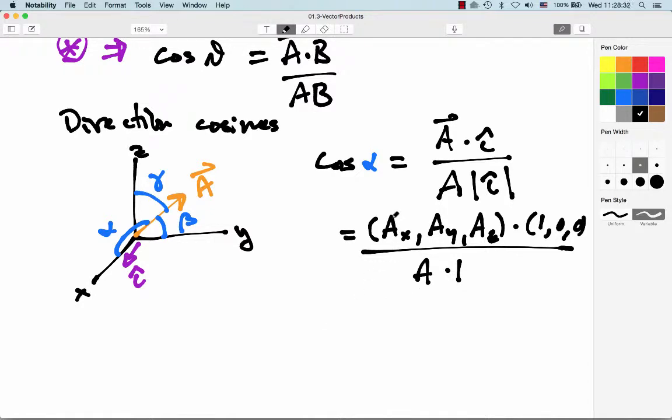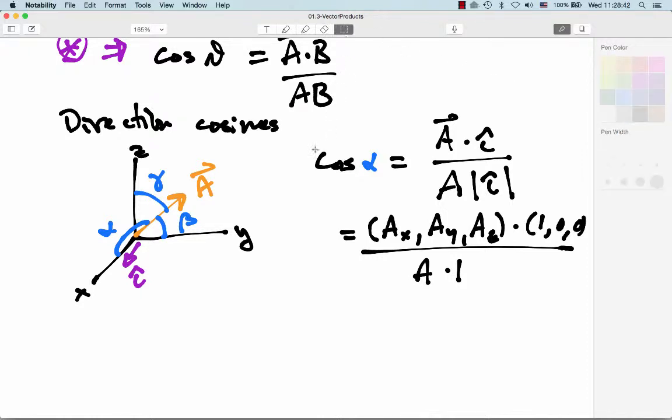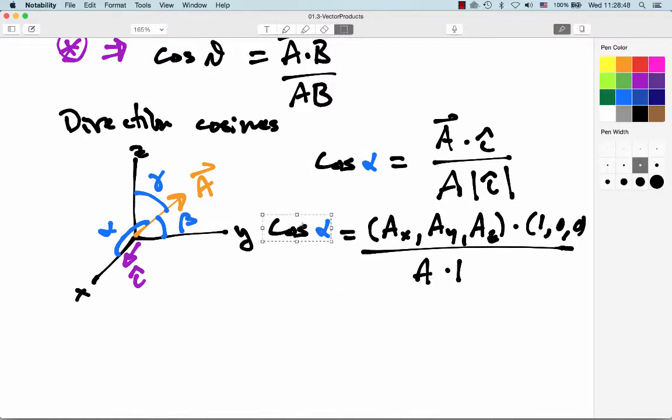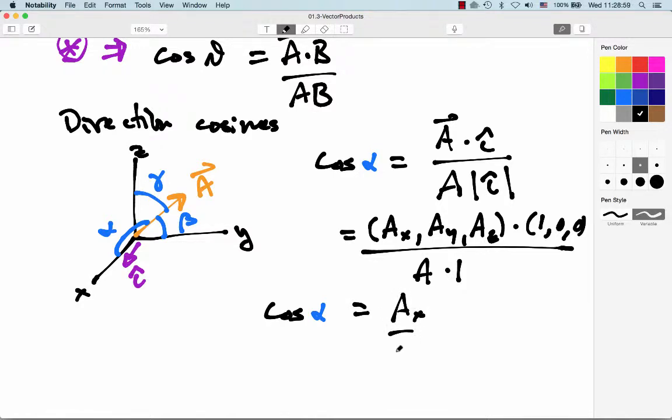Well, if I do the dot product, this will be ax times 1 plus ay times 0 plus az times 0. So I'm just left with ax over A. So I get that the cosine of alpha is equal to ax over A.